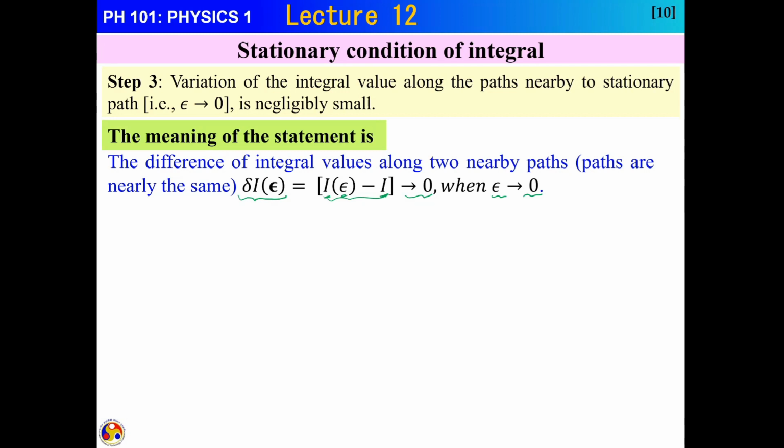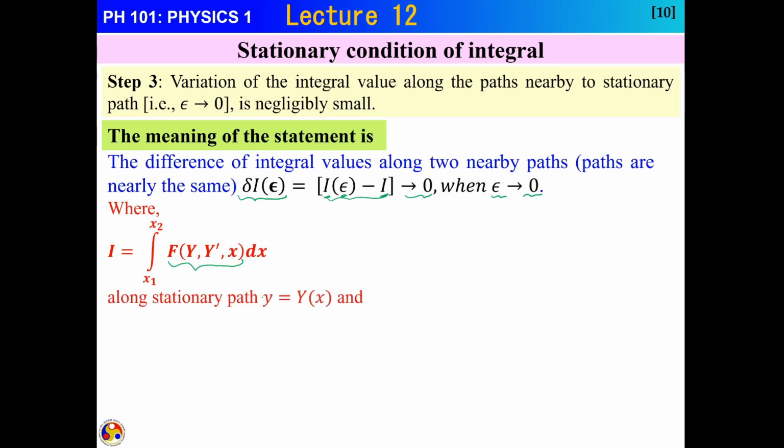So in such a case, we know how to represent the integral path, which is the path between point x1 to x2, with the functional form of integral of f(y, y', x) dx, for the stationary path y equal to y of x.